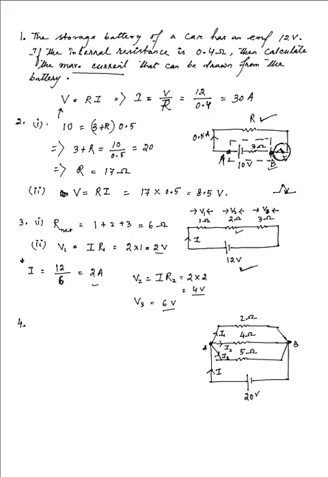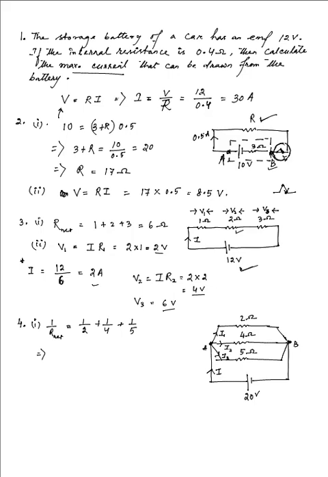Now the first part of the question asks what is the total resistance, or the equivalent resistance, of the combination. In case of parallel combination, the reciprocal of the net resistance is equal to the sum of the reciprocals of the individual resistances, that is 1 by 2, 1 by 4, and 1 by 5.